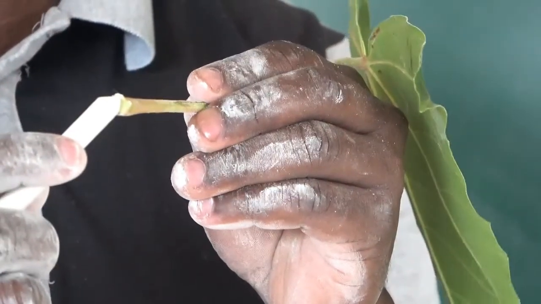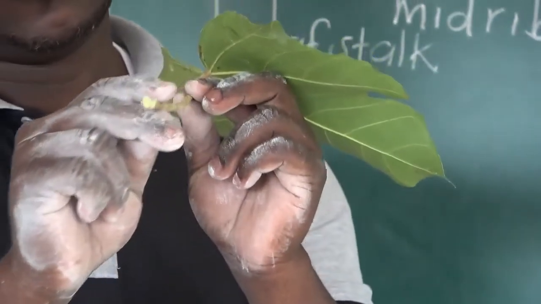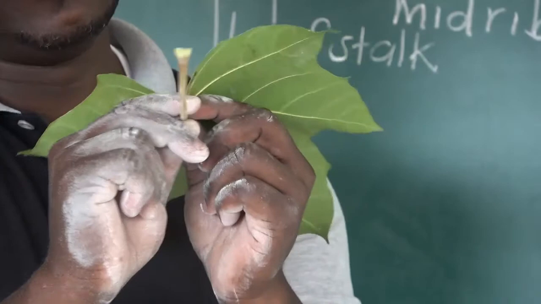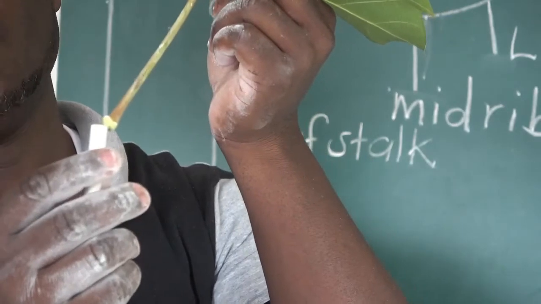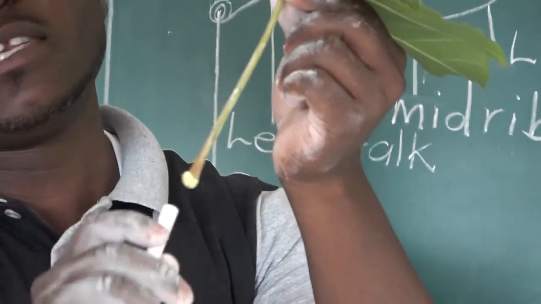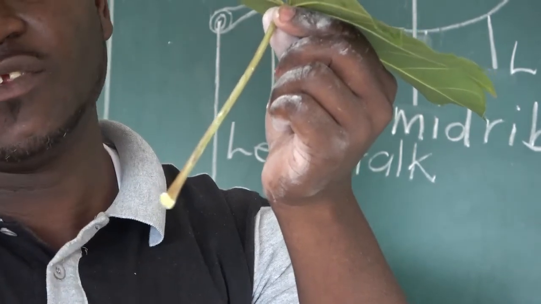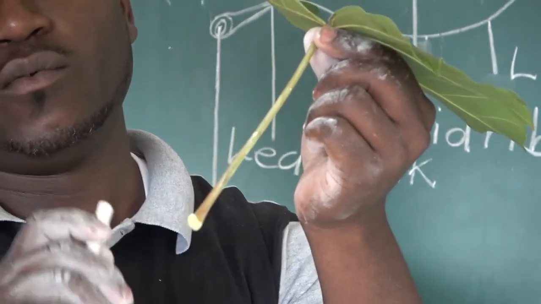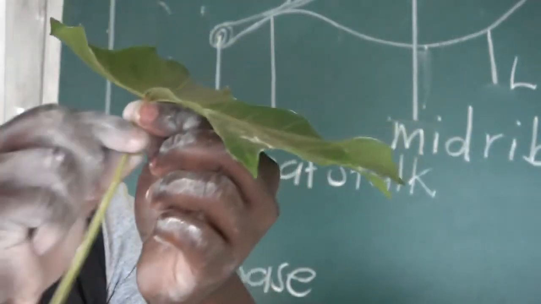Then, where I'm holding, we call this one leaf stalk. All this one is called leaf stalk. I said this one is called leaf base. It attaches the leaf either to the branch or to the plant. Then this one is called leaf stalk.